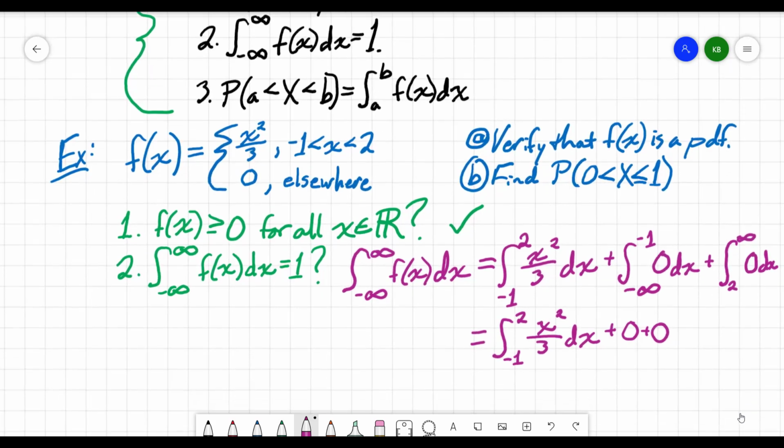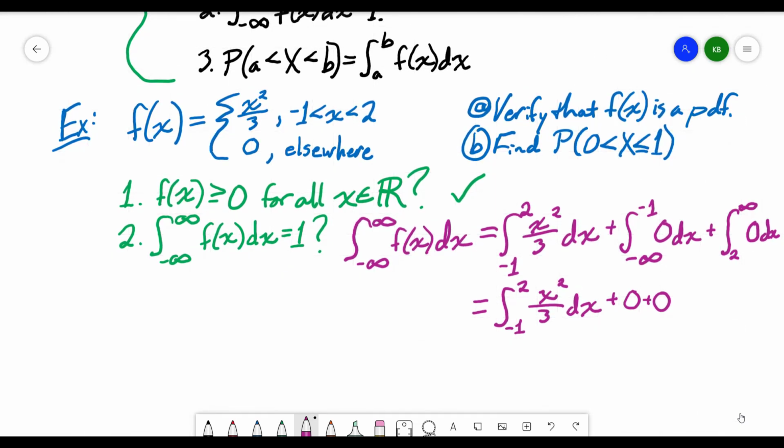So really what this all comes down to is the integral from negative 1 to 2 of x squared over 3 dx. When we take this integral, remember we're going to add 1 to our exponent. So I have x cubed, and then I'm going to divide by my new exponent.